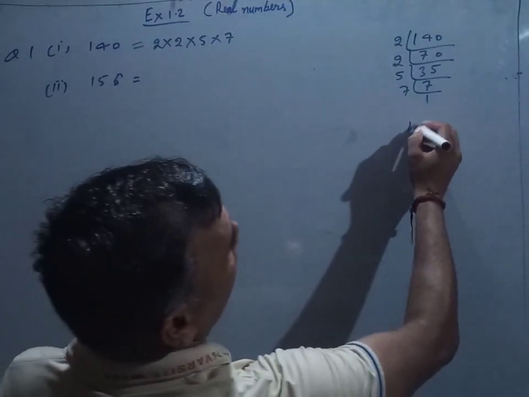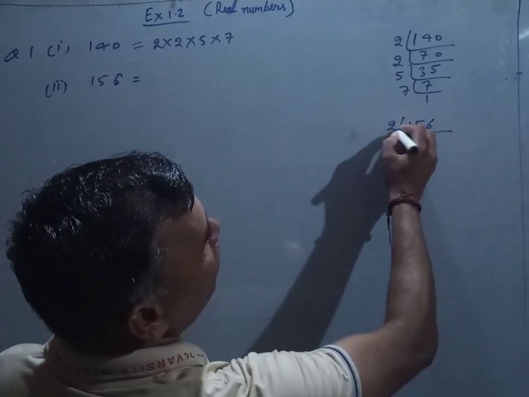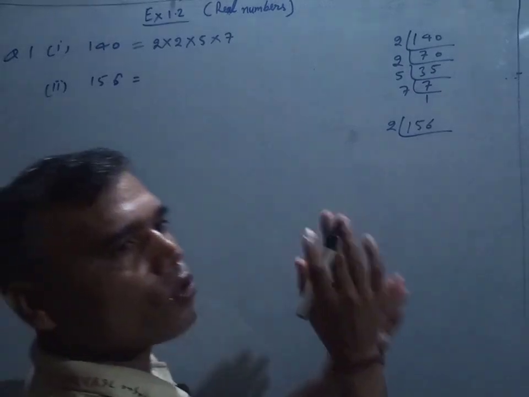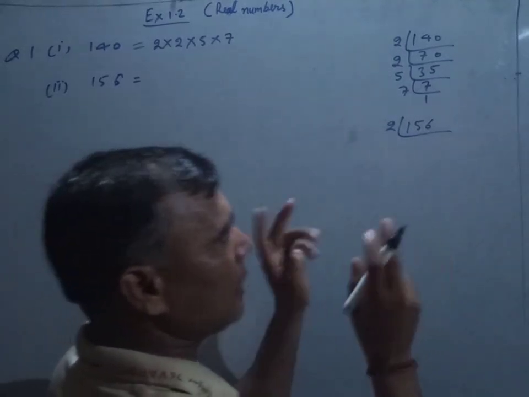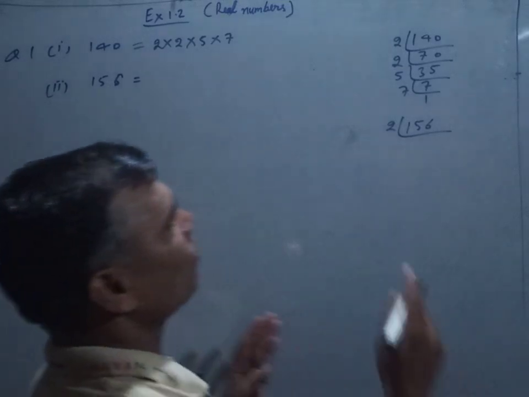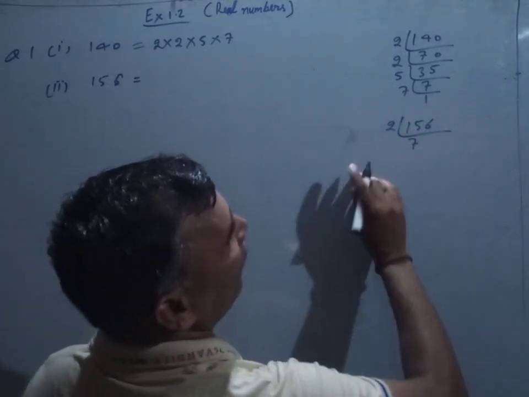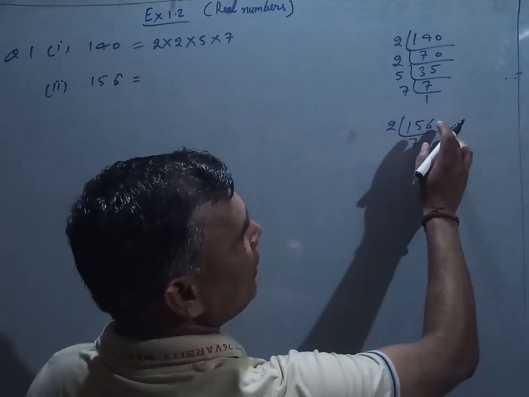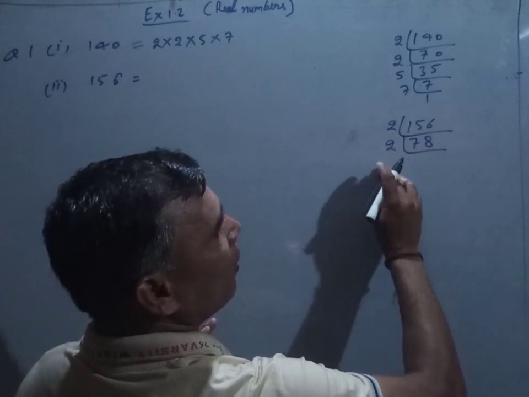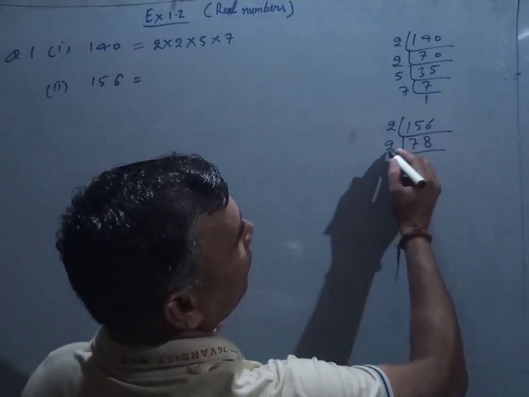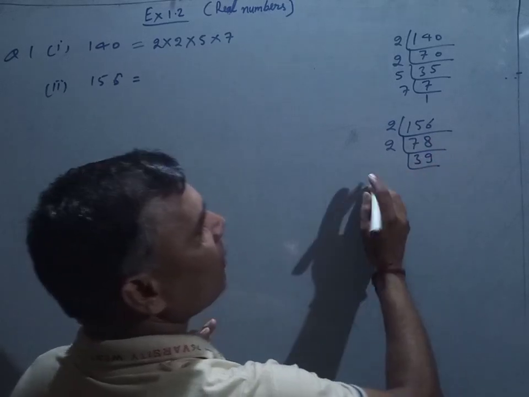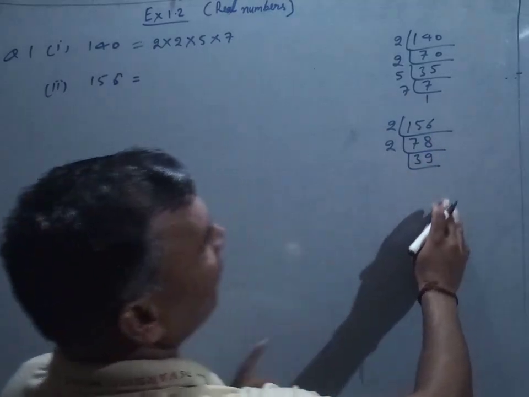First we divide 156 by 2 because the unit place is 6, so we can divide by 2. 2 7s are 14, 1 left, here is 16, 2 8s are 16. Now we divide by 2 again: 2 3s are 6 and 2 9s are 18. We write the quotient here.